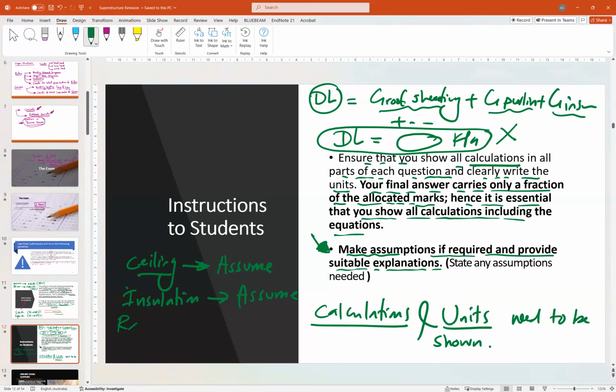If the rafter section is not given, you need to assume the rafter cross section. Similar to the project, if anything is not given in the details, you need to assume it.